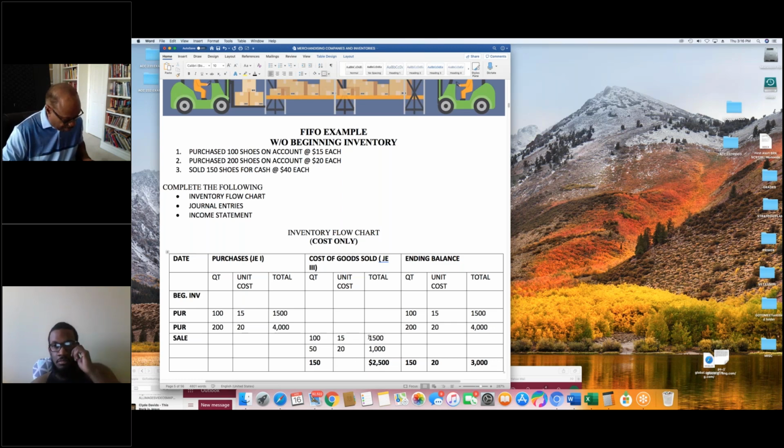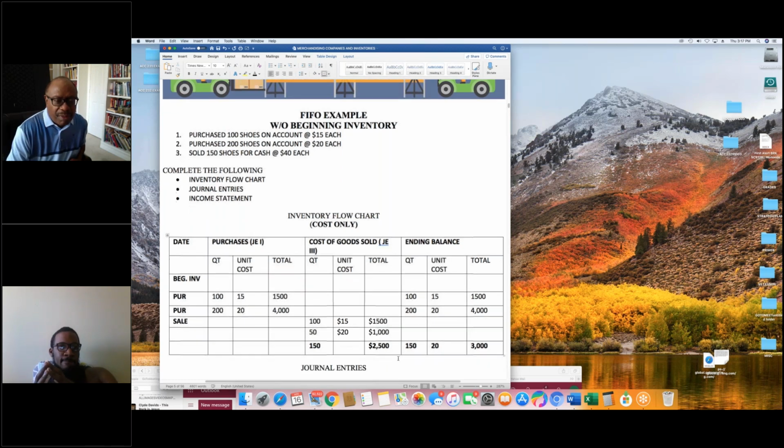Oh, I get it. We only sold 50 of the 200. So that's why you put 150 with the 20, because we still got to sell that 150 more pairs of shoes, because we only sold 50. What's the difference between the 2,500 and the 3,000? 2,500 is what you sold.